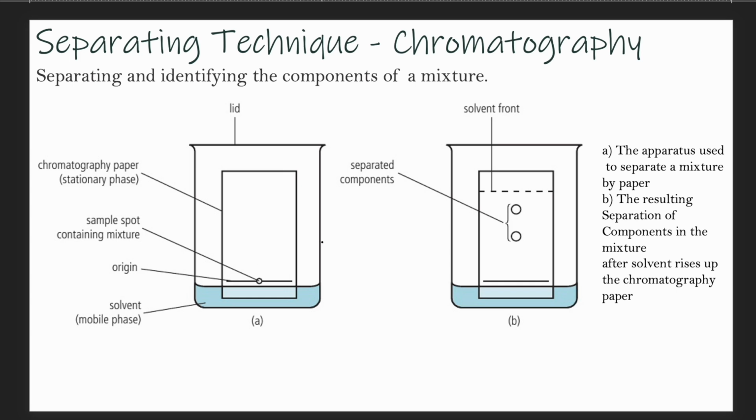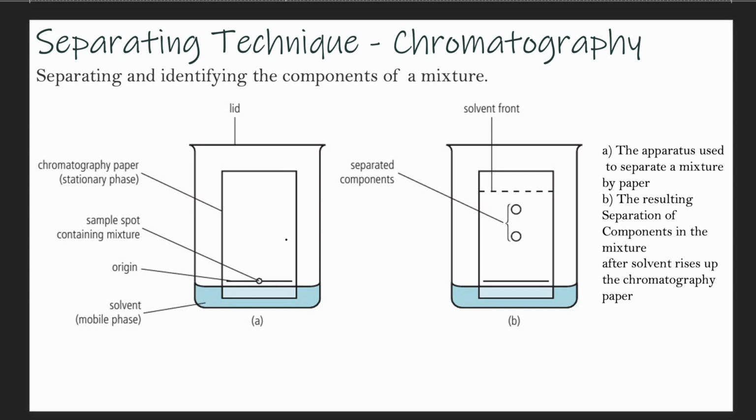And then we put it inside a beaker or a container, and you need to cover it with a lid because otherwise the solvent will evaporate. So we need to put it into the solvent. The paper needs to touch the solvent, otherwise there won't be any separation. As the solvent rises up the paper, it will pass over the sample spot. The components in the spot will distribute themselves between the two phases and so move up the paper at different speeds.